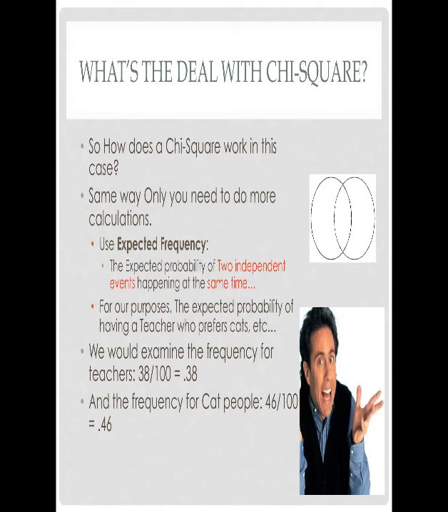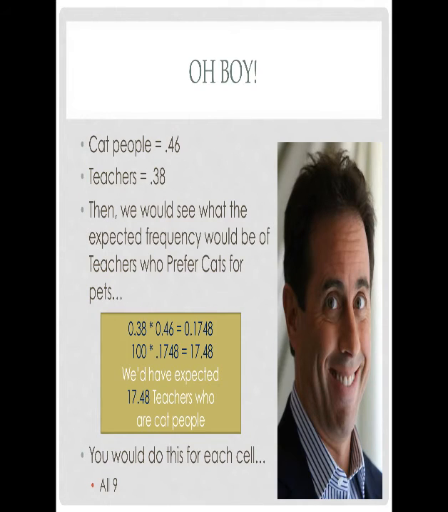All right. Normally, calculating the expected values would be a very painful, lengthy process, because you would have to calculate the expected frequency for everything. You would calculate the frequency for the teachers, then the frequency for the cat people, and then multiply the two, and it would be a big pain in the neck to do for everything.